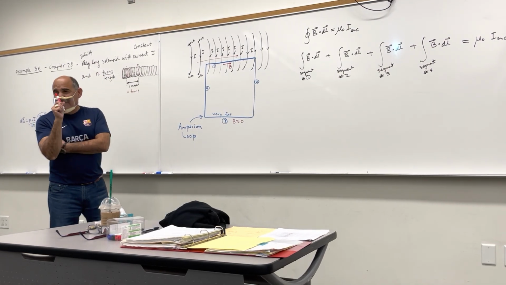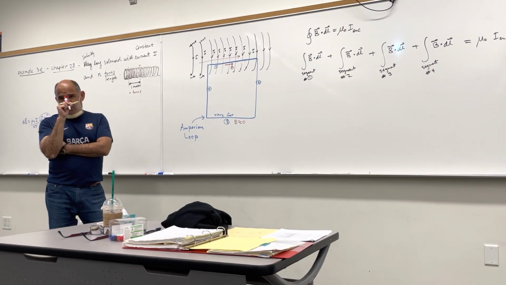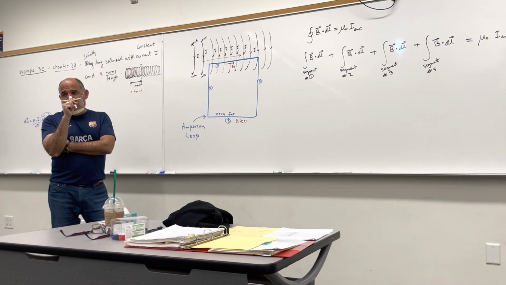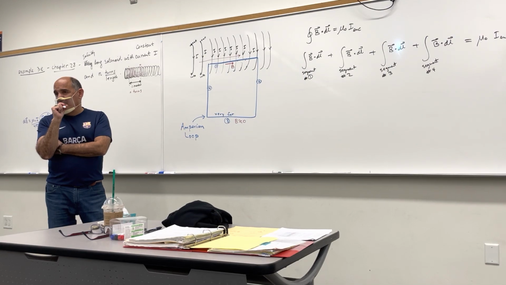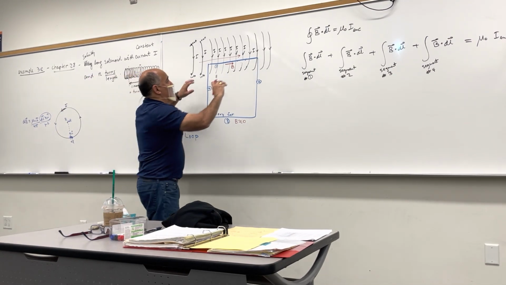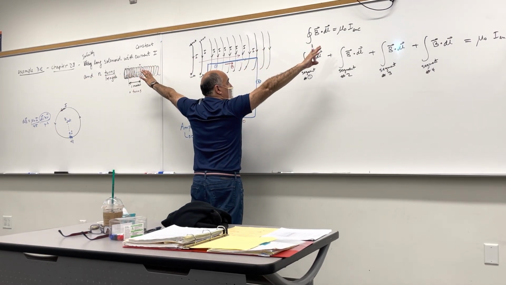Now remember that I said that magnetic field forms closed loops. So let's just say that this is a very long solenoid, so the edges are very far away.